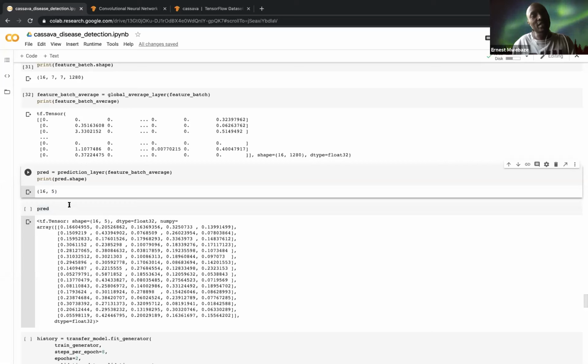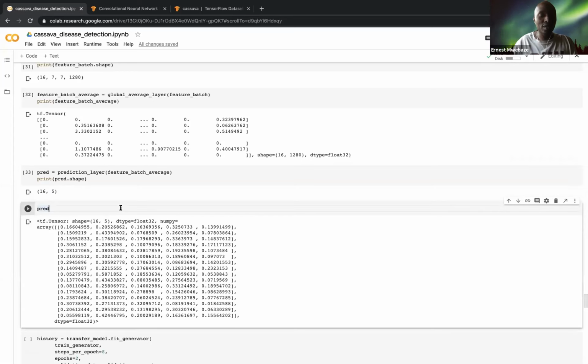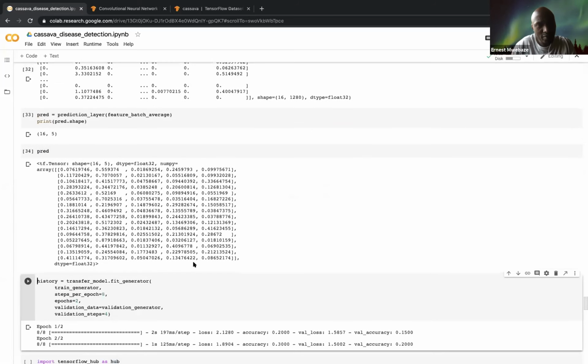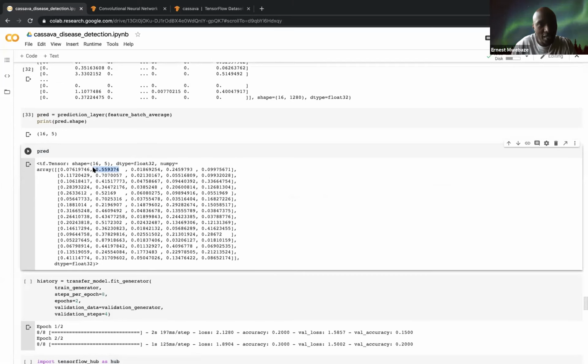So basically these are the predicted classes of these 16 images. And so this is softmax output. So I guess this would be the winning class here.